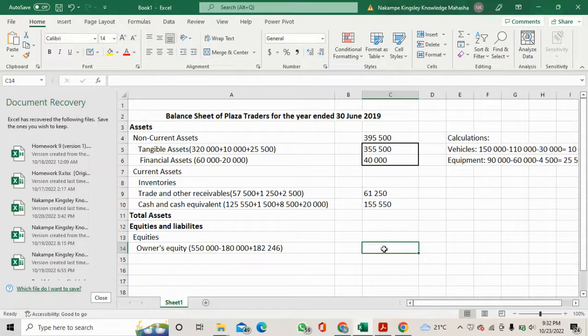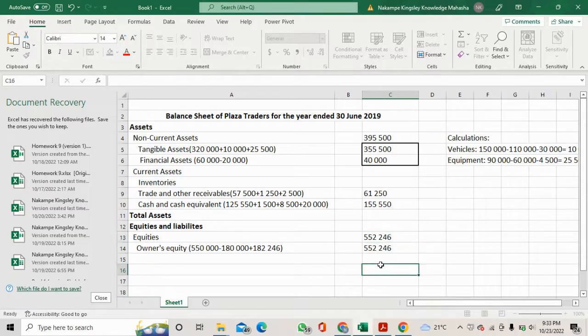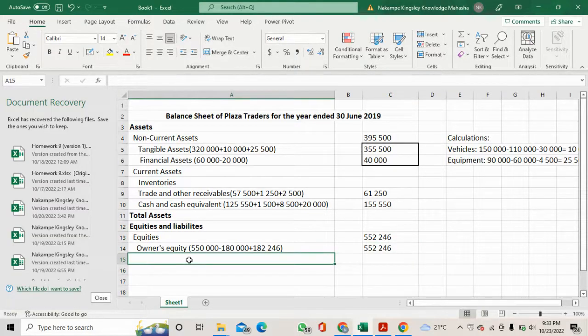Let me calculate it. 550,000 minus 180,003 plus 182,246. We're going to have 552,246, right? So that's the amount that you're going to have for owner's equity. When you get this amount, you just put it here because that is the only thing we have under our owner's equity. So now we're going to go to our liabilities.